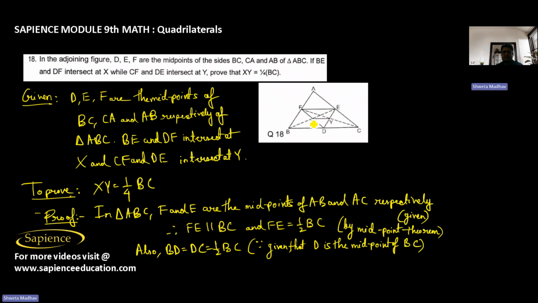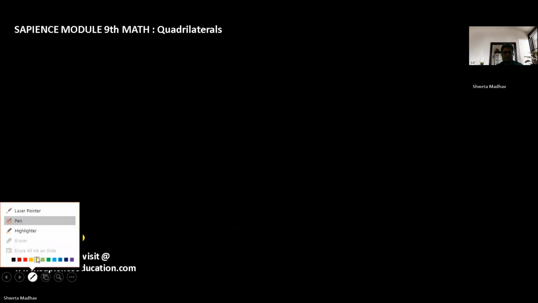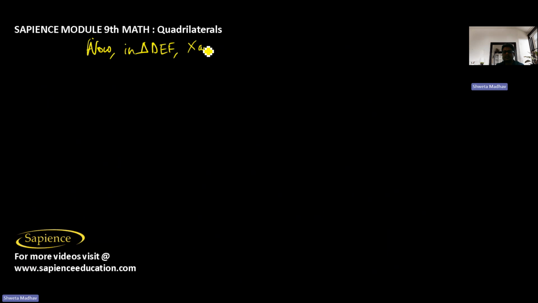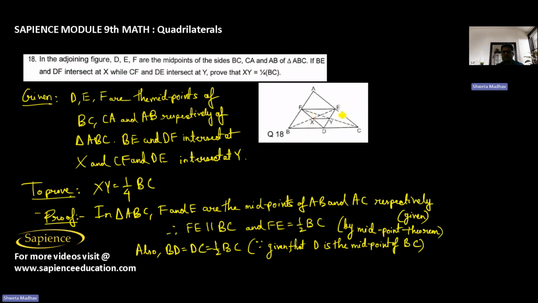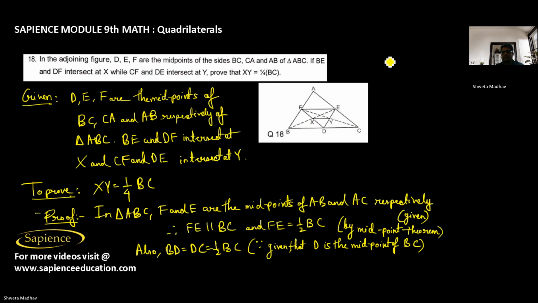Now we have shown that FE is equal to half of BC. So now in triangle DEF, X and Y are the midpoints of the sides DF and DE respectively.